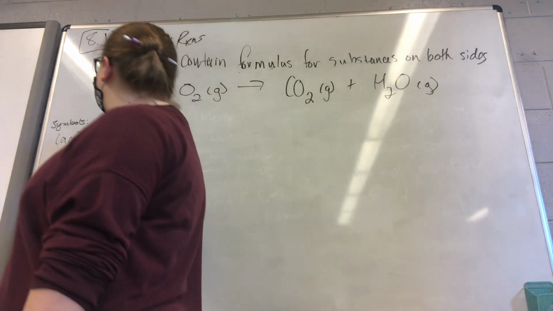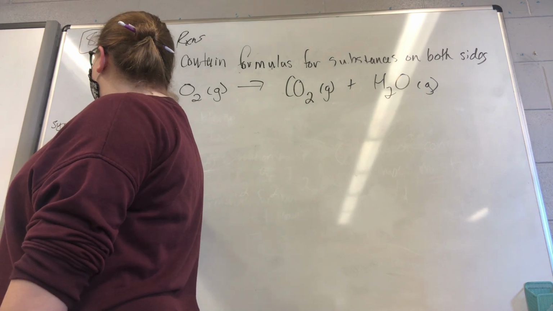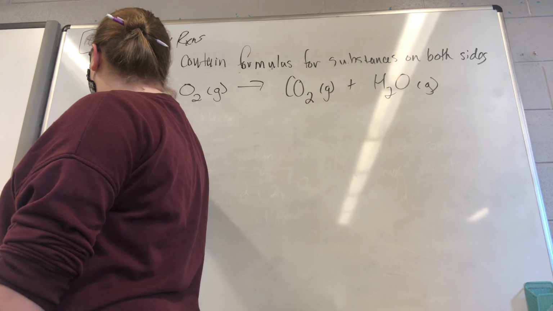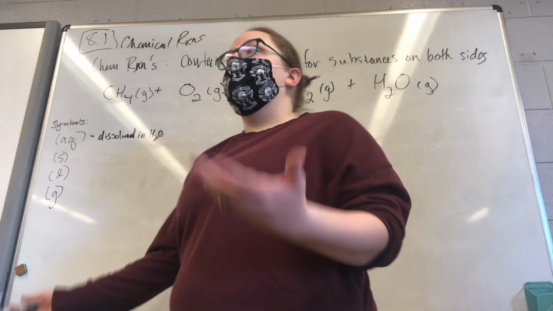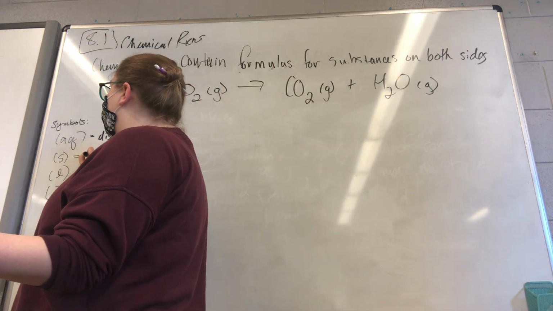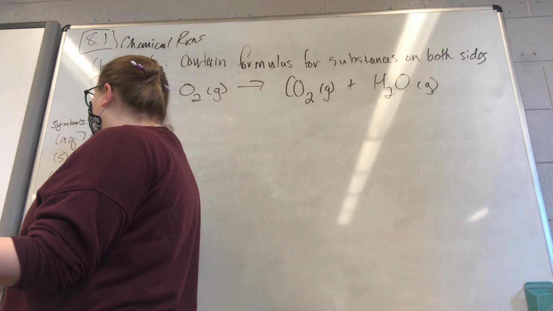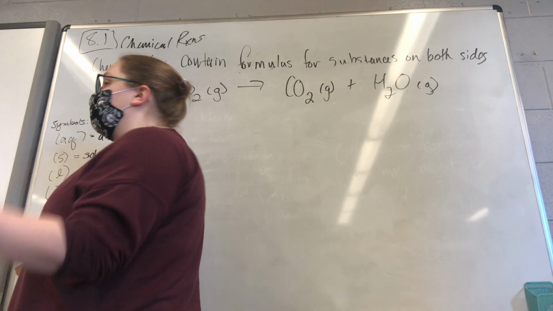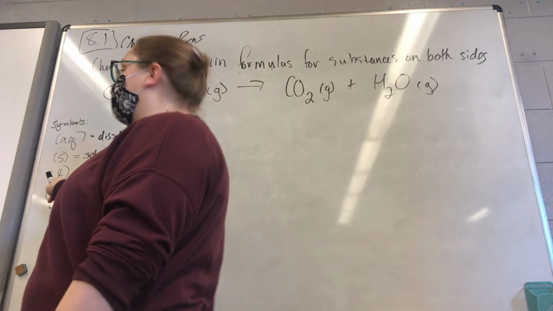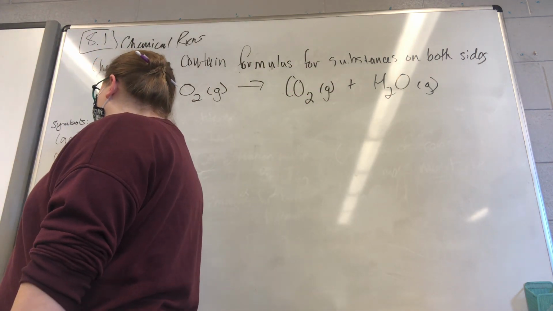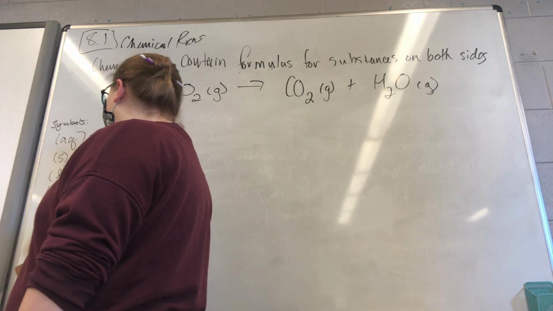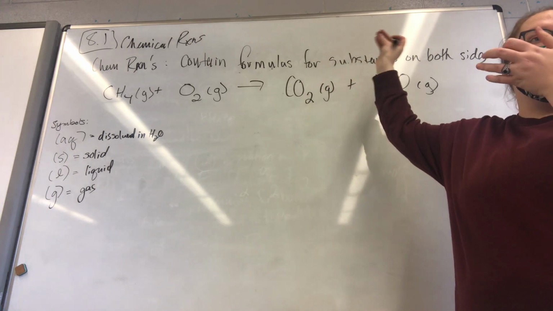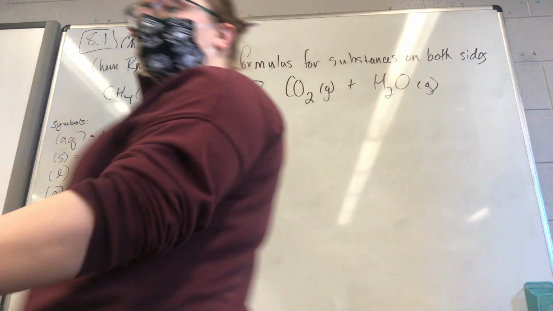So aqueous means dissolved in water. S means solid. L means liquid. Mine look kind of weird, but they're supposed to be like cursive L's, so that's why I write them that way. And then G means gas. All right. So these are like the really basic symbols you'll see after the different chemical compounds in an equation.